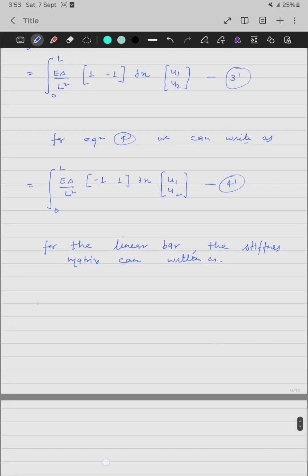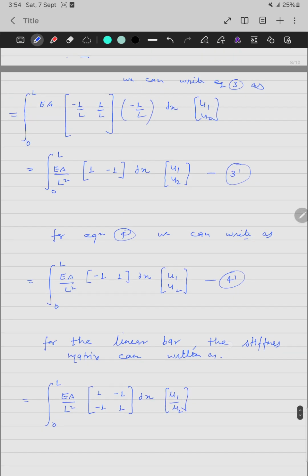Okay, how we can represent it in matrix form? We will get it as 0 to L, since this EA by L square is common in both, and everything else is common except this matrix, so we can combine these two matrices, and we'll get 1 minus 1 minus 1 1. It will be dx, and it will be u1 u2.